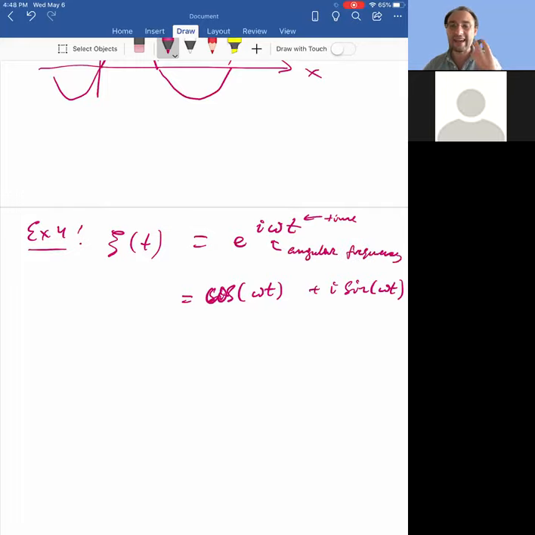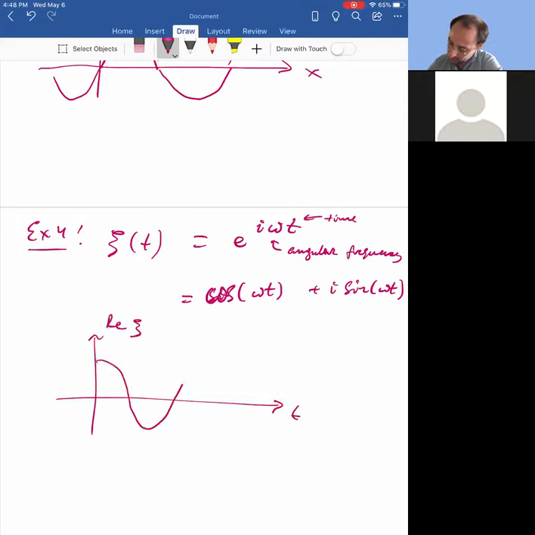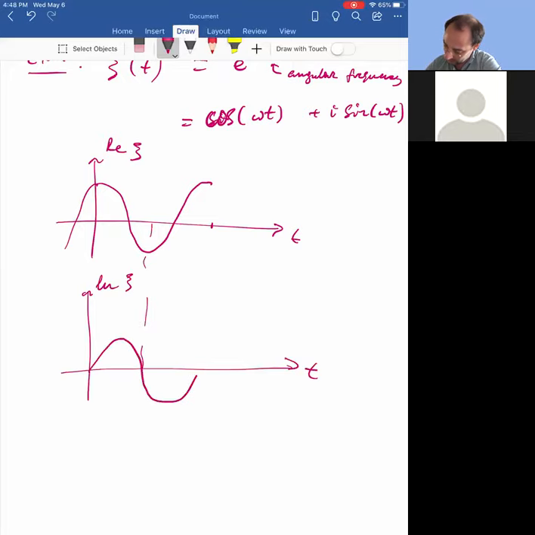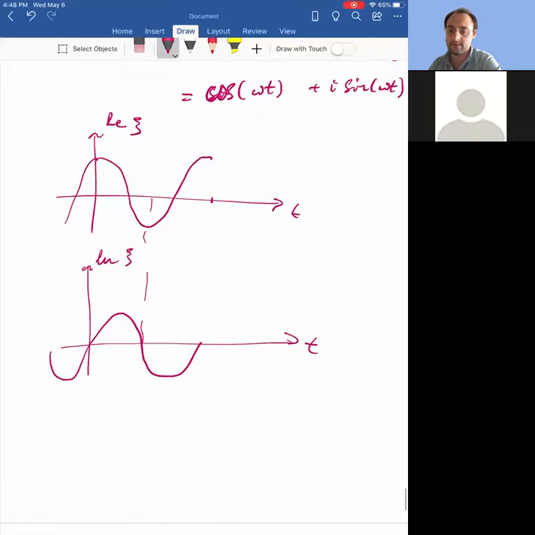It's just a language, just a notation thing. Okay, so the real part of xi versus time is cosine. And the imaginary part of xi versus time is the sine. It's not easy to write on an iPad.